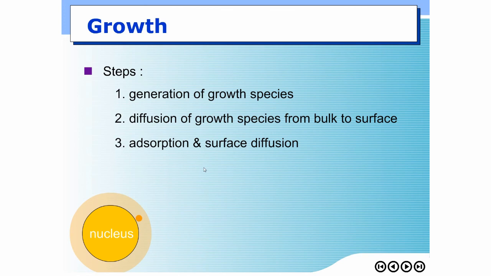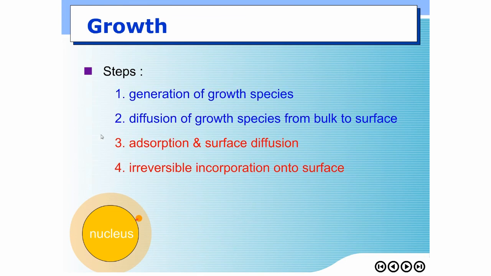Okay? Once the growth species finds a good spot on the surface, it will be bound to the surface as part of the solid. This binding occurs when a bond is formed. This is the 4th step, called incorporation of growth species onto the surface. Once it's incorporated into the surface, it will be a part of the solid. And then this is the process called growth. Alright?